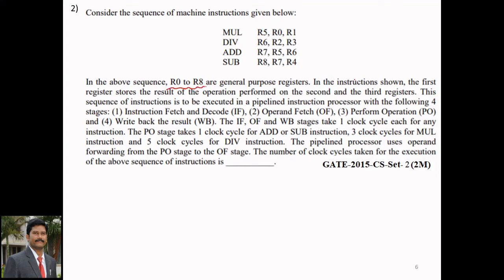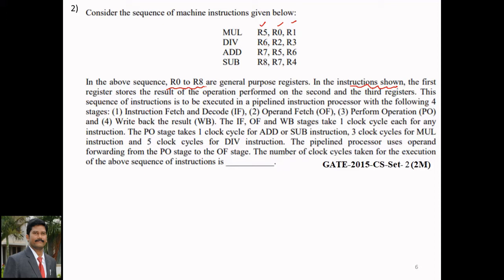In the instructions shown, the first register stores the result of the operation performed on the second and third registers. That means R0 plus R1, the result is stored in the first register. Here also, R2 divided by R3, the result is stored in R6, like that.